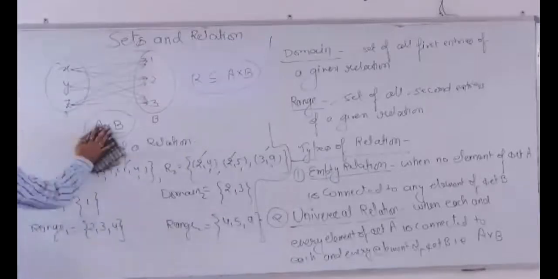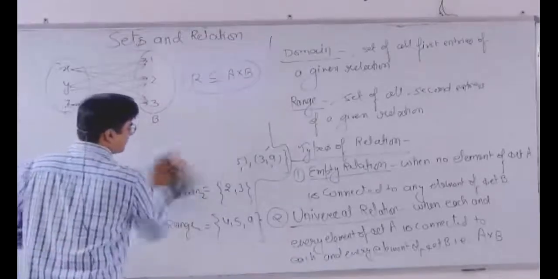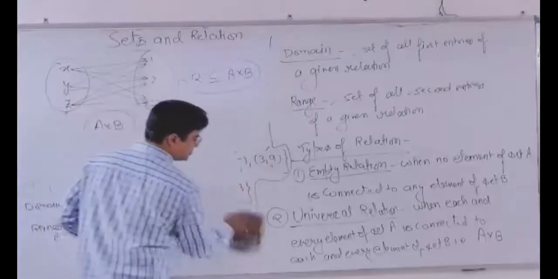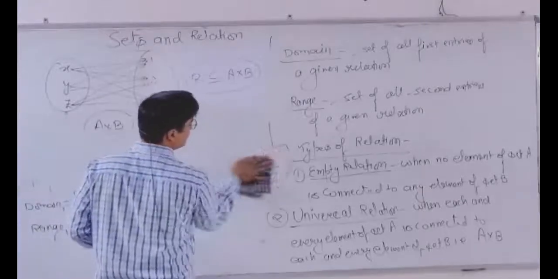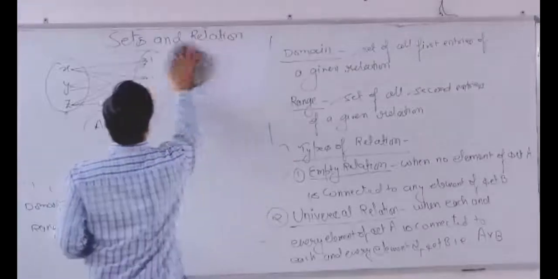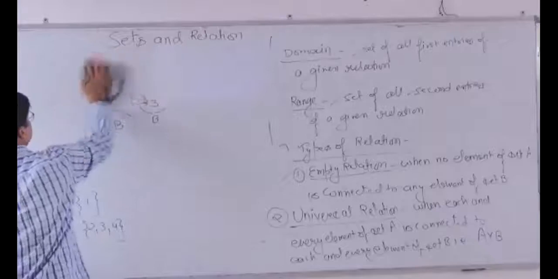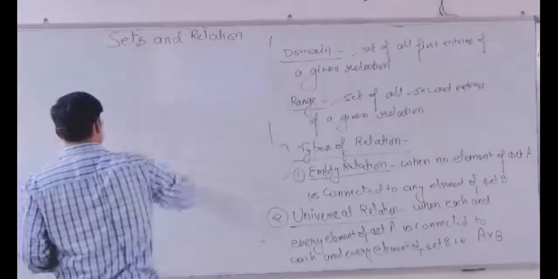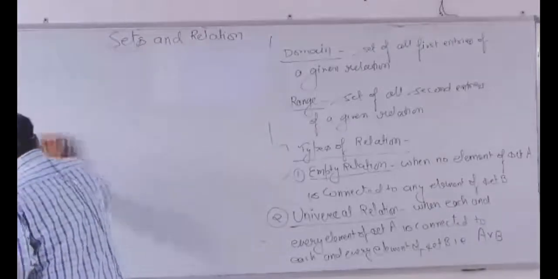Now we will define proper subsets. These two were improper and we gave them names, empty as well as universal. Now other proper subsets, let's define.